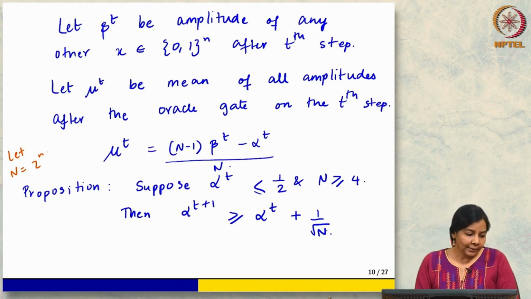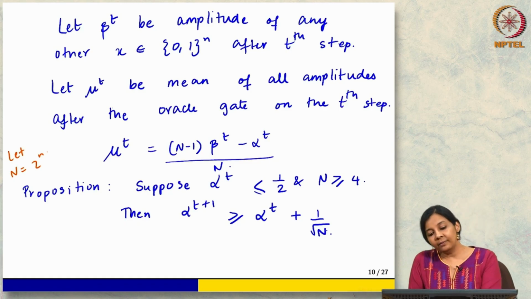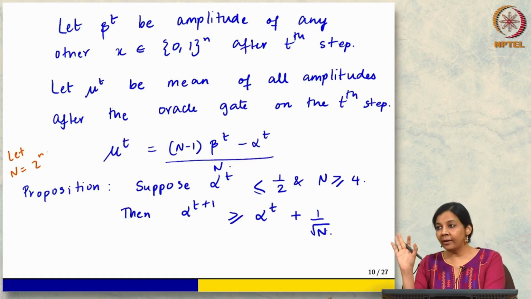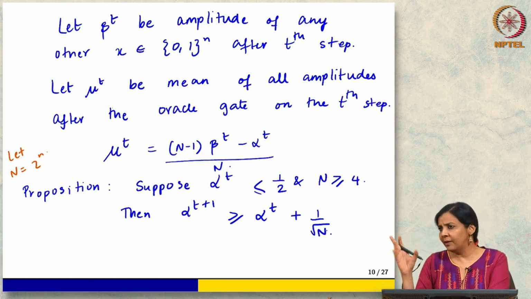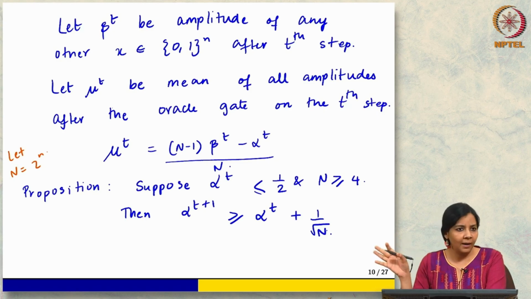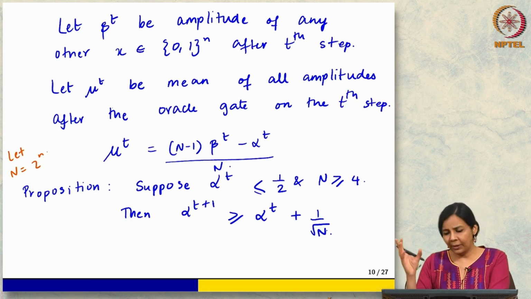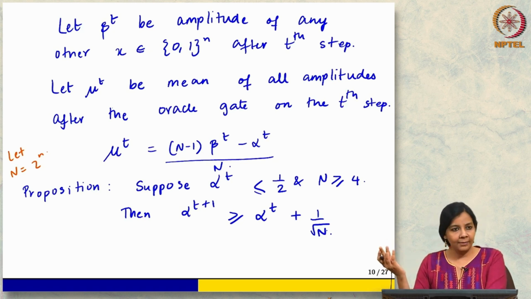So, what is this proposition really saying? If alpha t is not already too large, so let us give it a bound, if alpha t is less than half, and I also want my n to be somewhat big. In particular let us say that capital N is at least 4, we will see where that comes up in the proof.